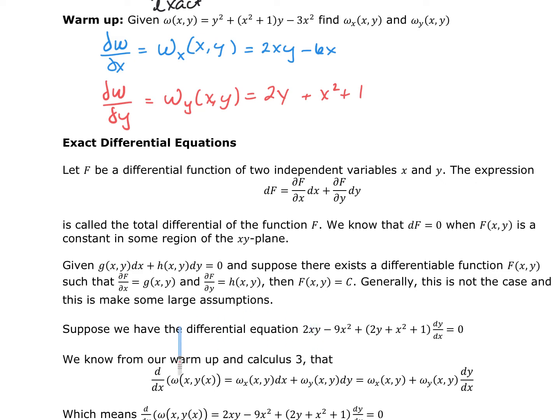Generally, this is not the case, and this also makes some large assumptions. So suppose we have this differential equation: 2xy minus 9x squared plus 2y plus x squared plus 1 dy/dx is equal to 0.